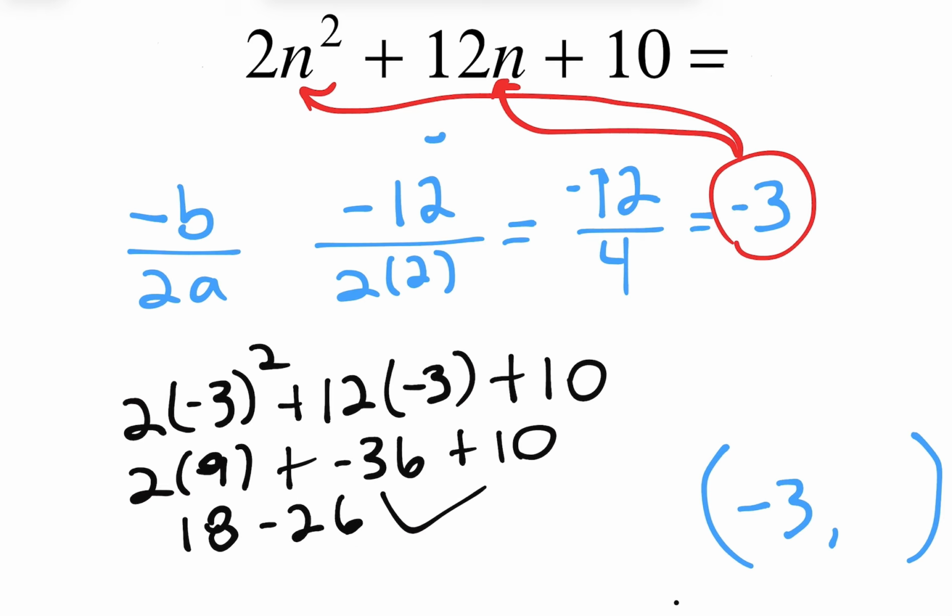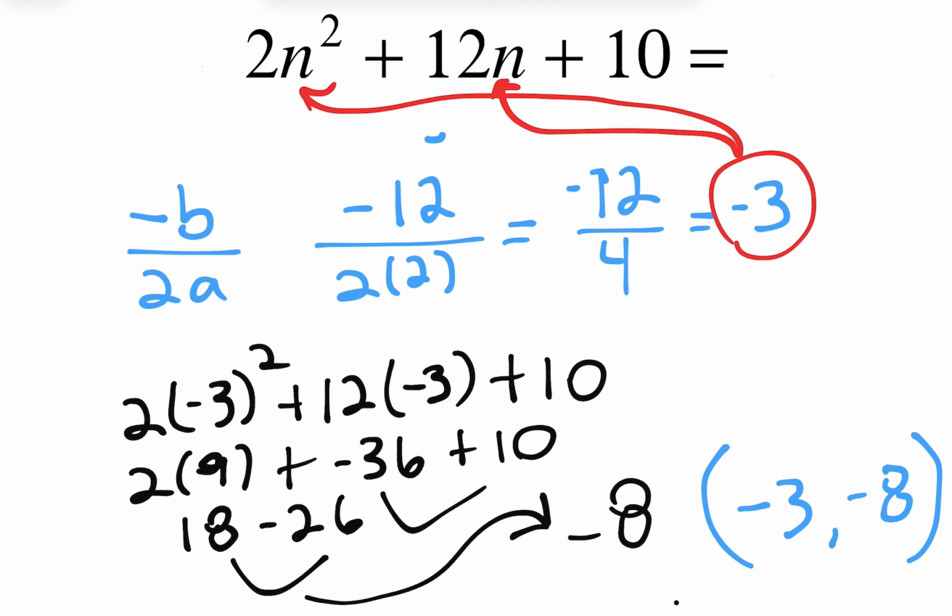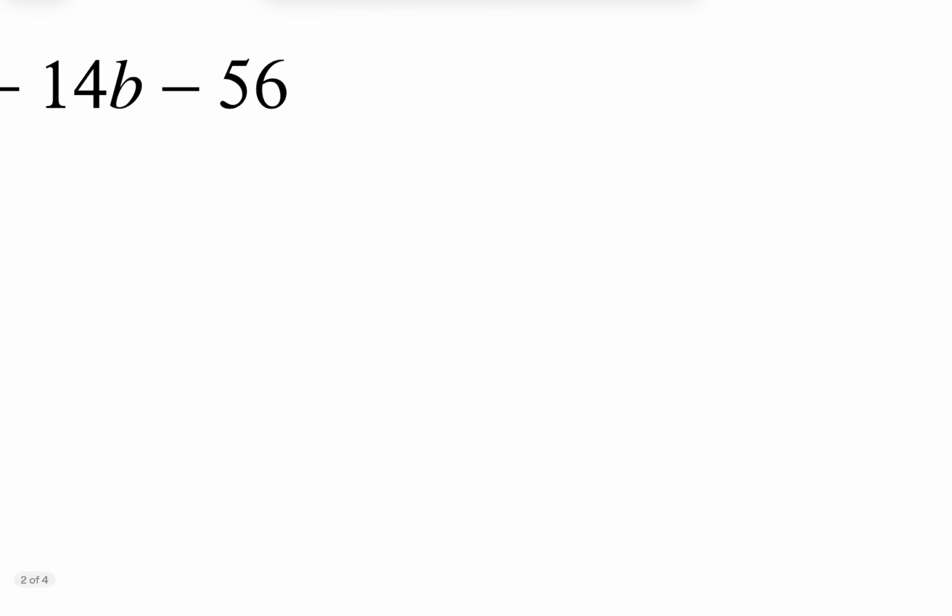And then our final answer here, once combining these, 18 and negative 26 would be negative 8. So now our final answer, expressed as a coordinate pair, is negative 3, negative 8. That's where you would graph it if asked to graph it.